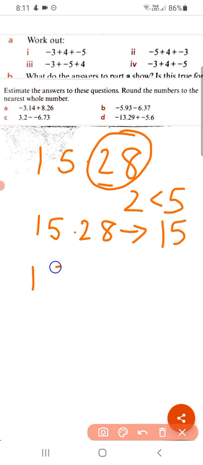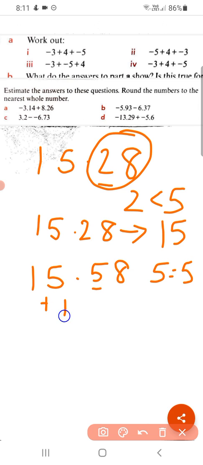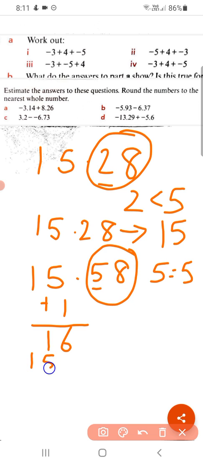Next, 15.58. 10th place is 5. 5 is equal to 5. So add 1 to the digit in the ones place. 5 plus 1, 6. 16. Remove this part. So 15.58 becomes 16. Okay.